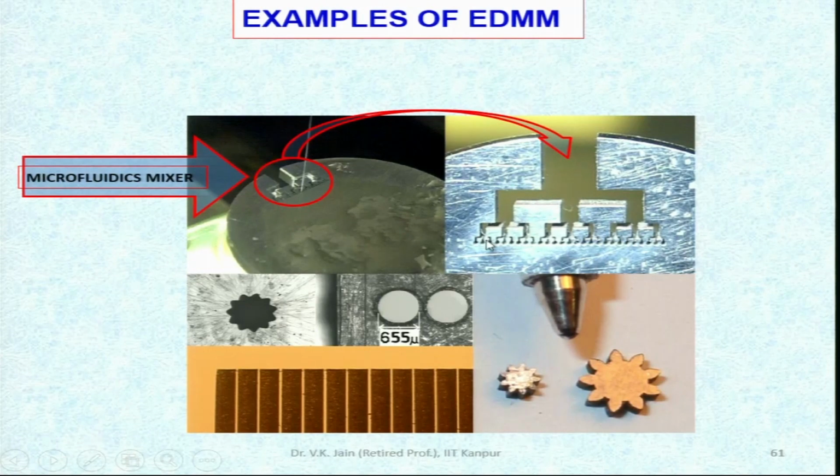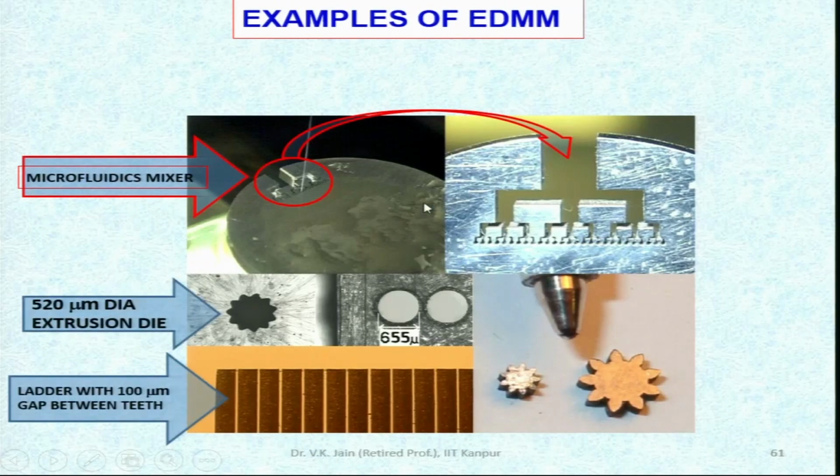Now, you can see how many very small parts are there over here, and when the fluid is entering into this and going out, then it gets very well mixed up, and that is what is known as microfluidic mixer. So, such kind of devices are fabricated with the help of electric discharge micro machining process.